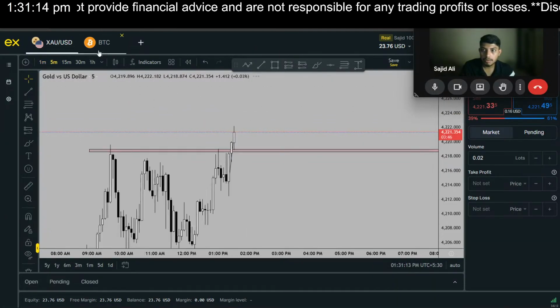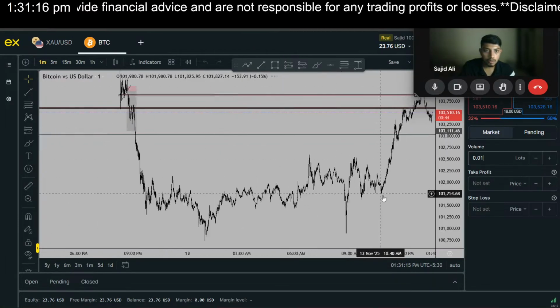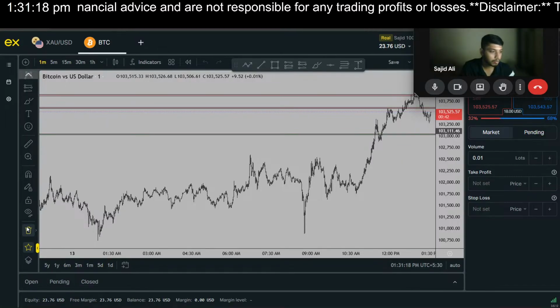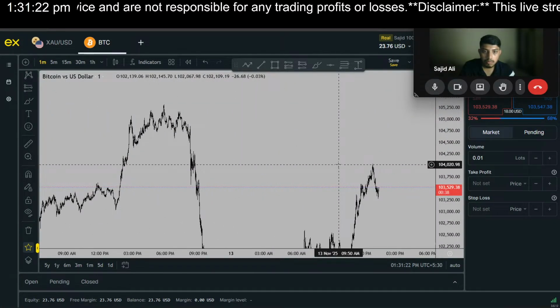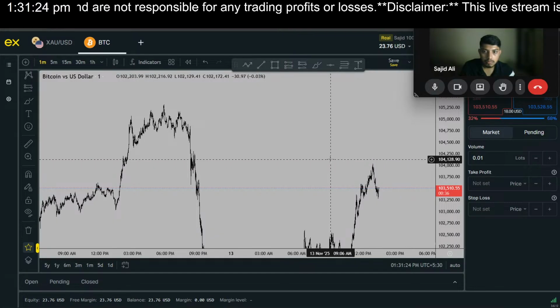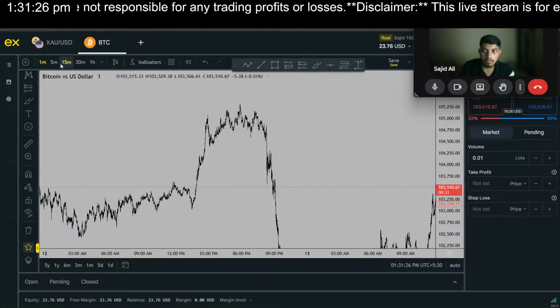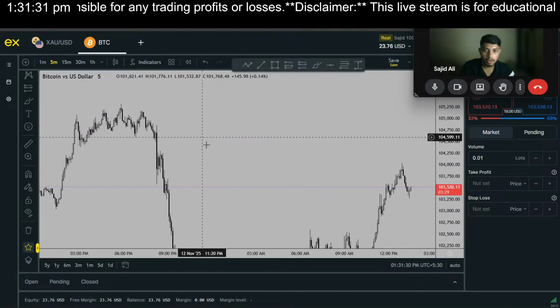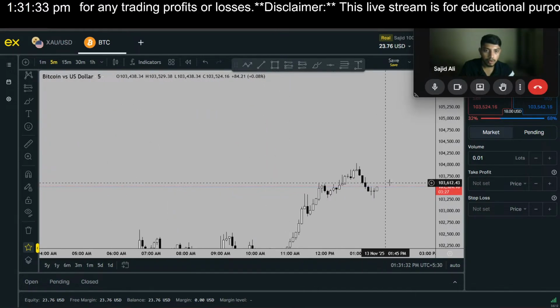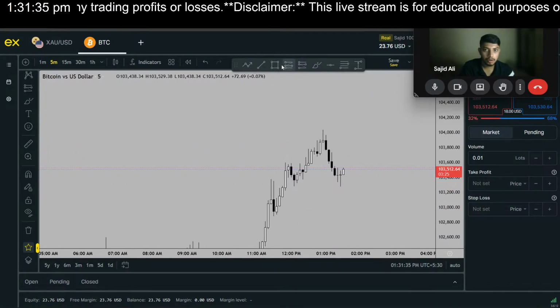Okay, till then, let's see Bitcoin. Let's mark fresh levels. Shift to 5 minute time frame. Good resistance in Bitcoin is far. We'll just mark this resistance here.